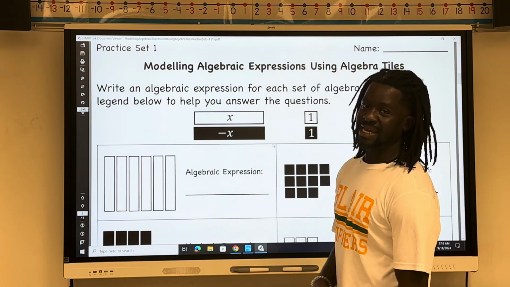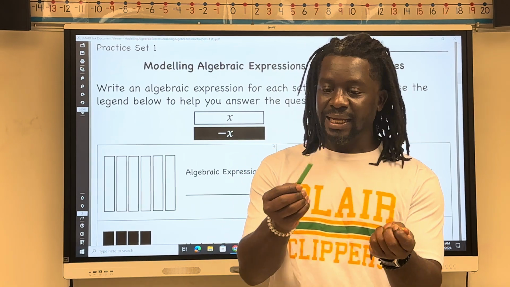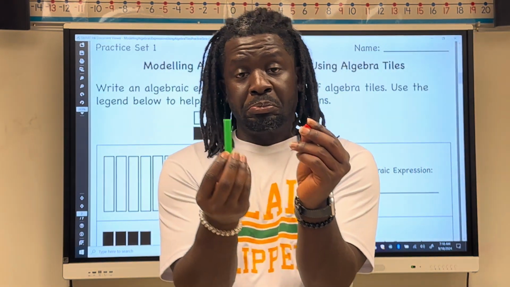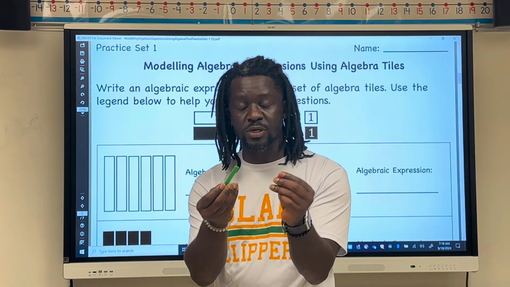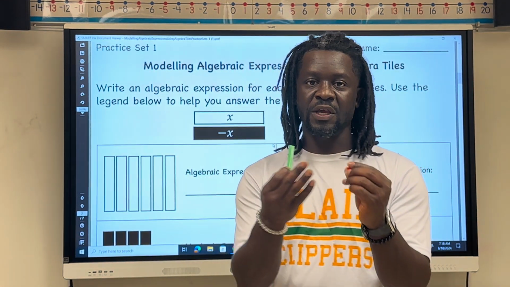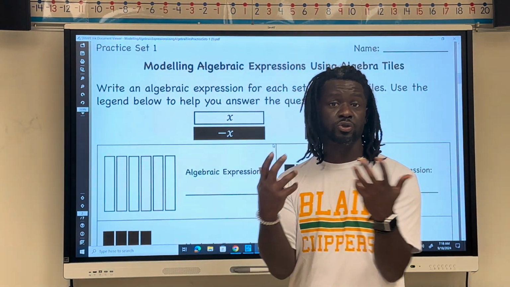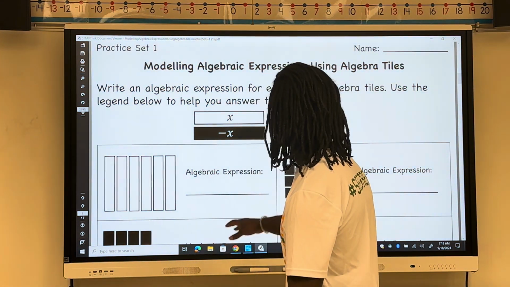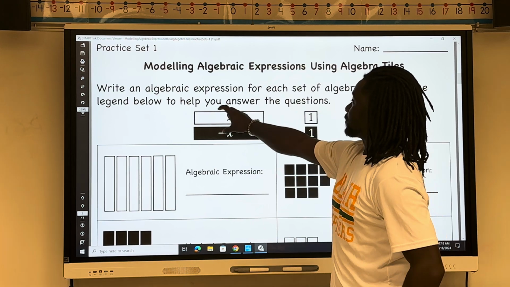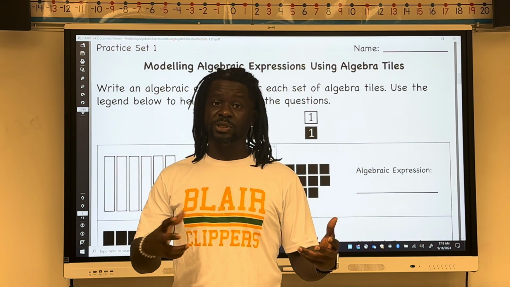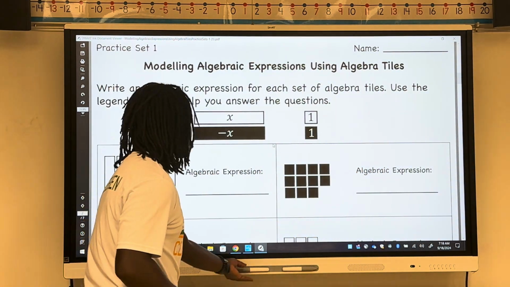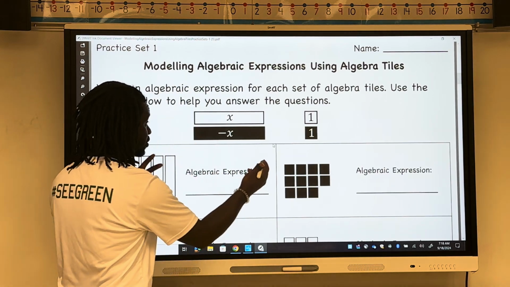I have these tiles, and in class, I may provide them so that you can construct some of the figures and see them. When you don't have them, you can just draw pictures to represent them. We have this white bar, which is usually the yellow bar, so if you want to color it yellow, feel free.